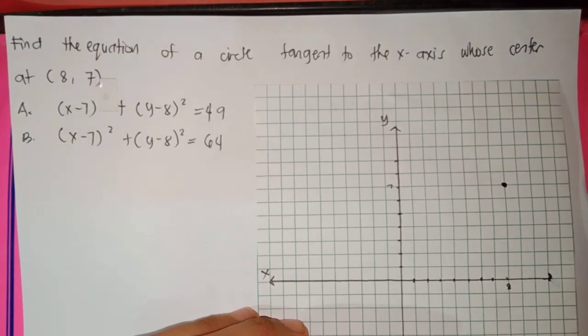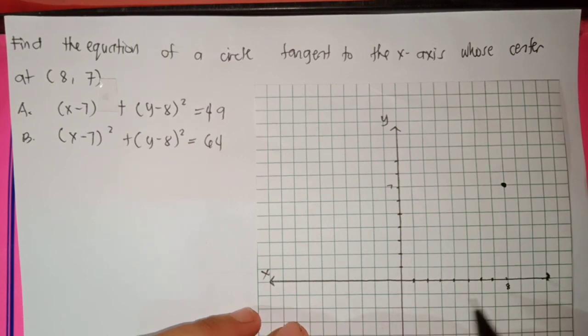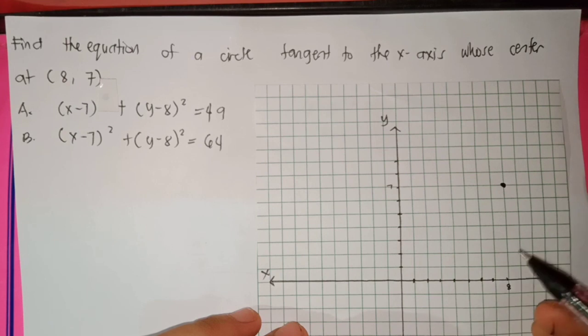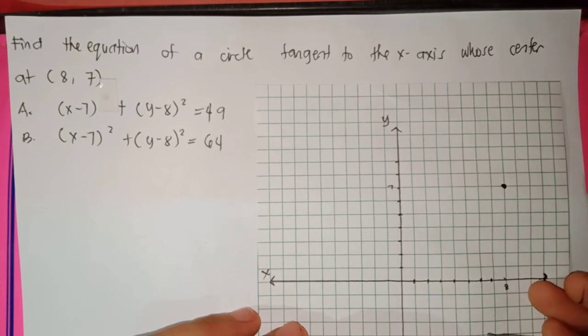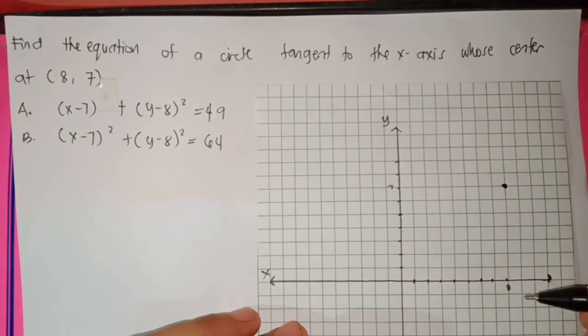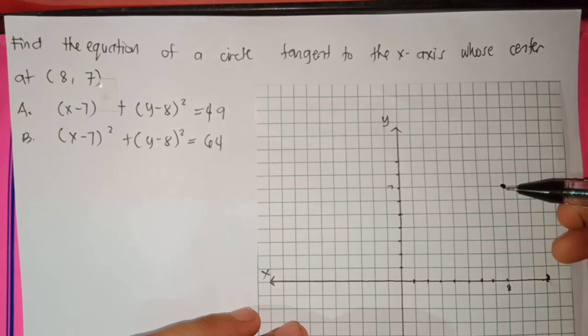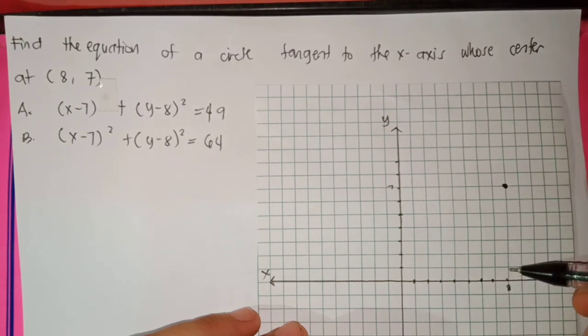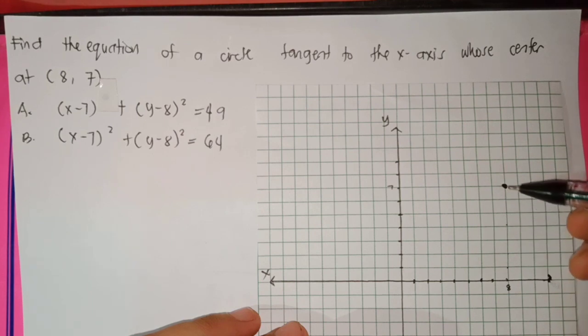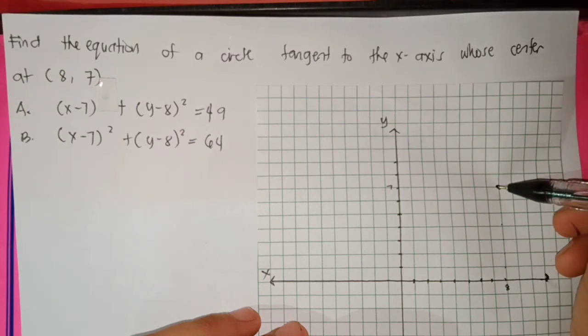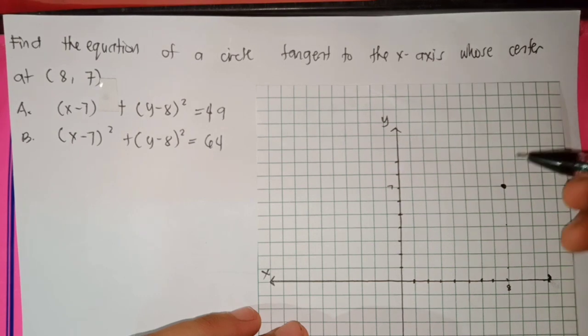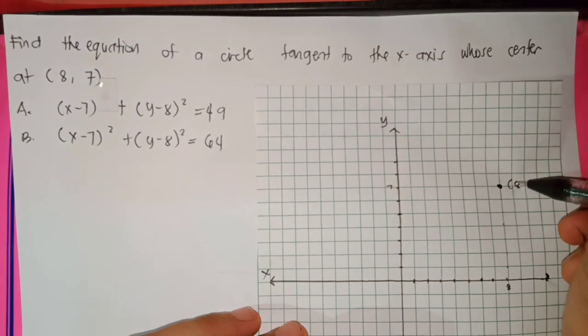Since it is tangent to the x-axis, we will just count from the x-axis towards the center. So we have 1, 2, 3, 4, 5, 6, 7 as the radius of the circle.